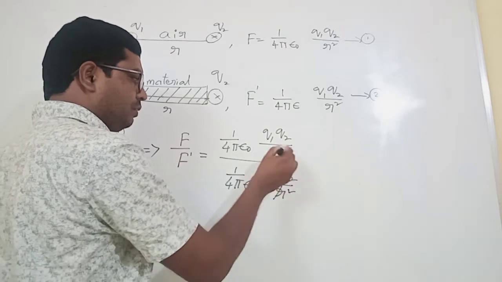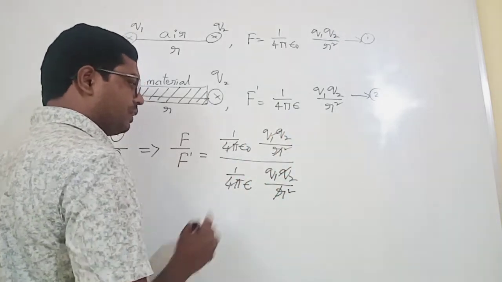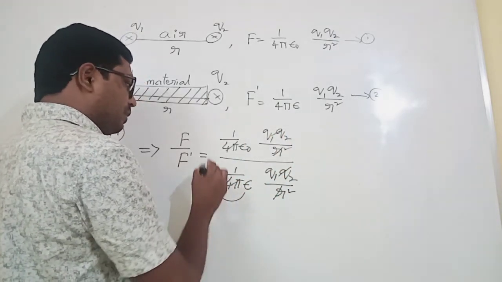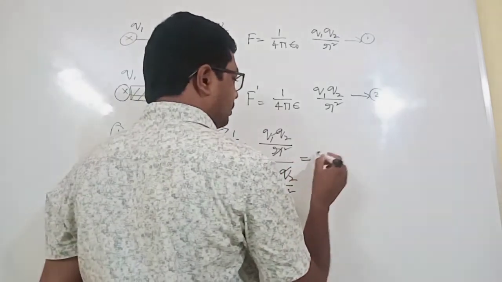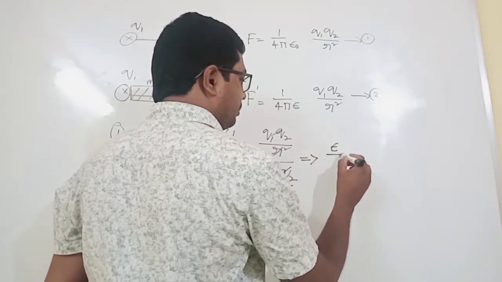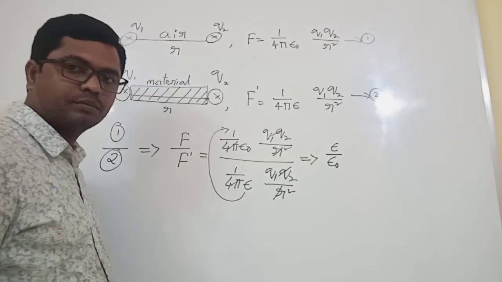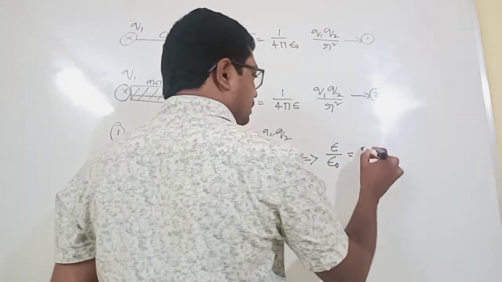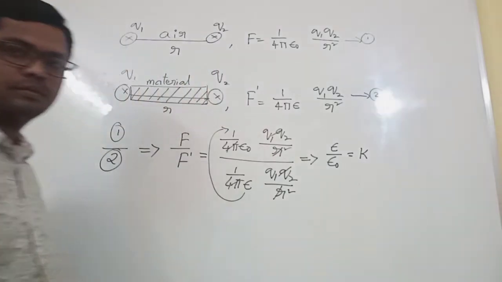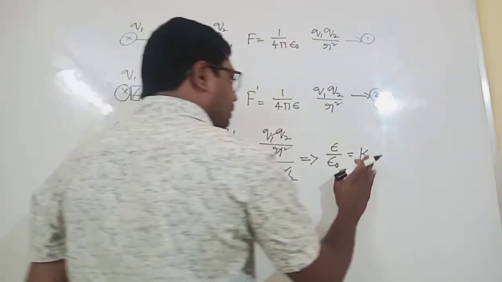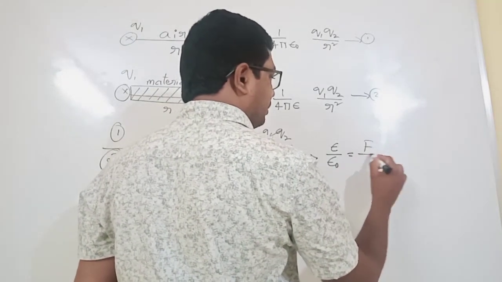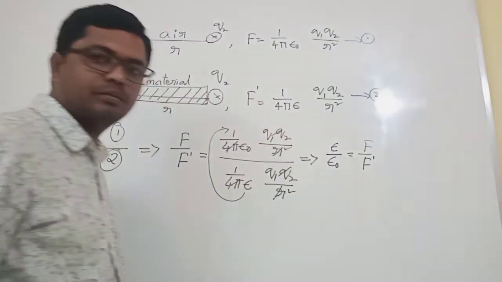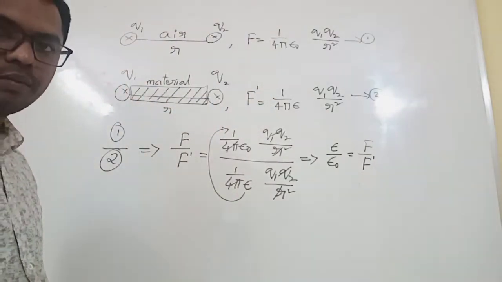These cancel, and 4 pi also cancels. The epsilon goes here, becoming epsilon divided by epsilon naught, which equals K. That is, F divided by F dash.